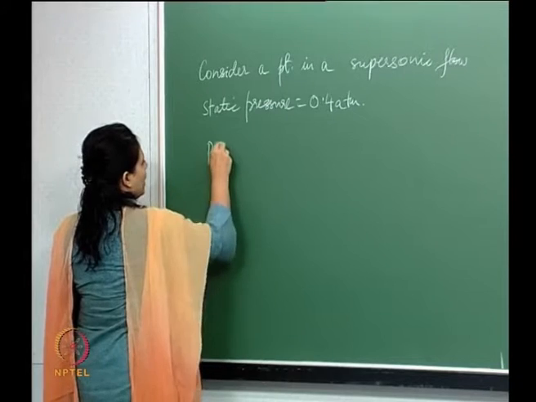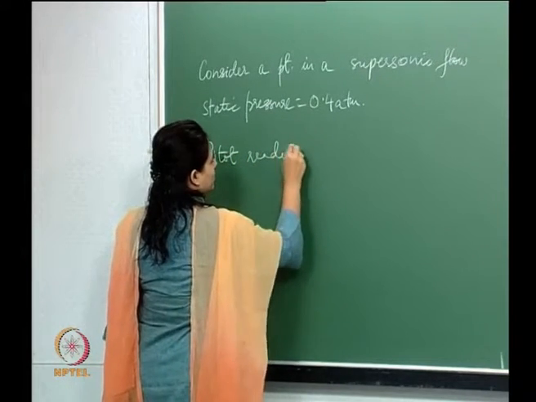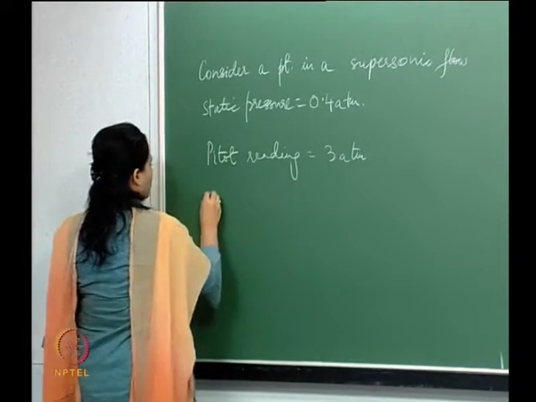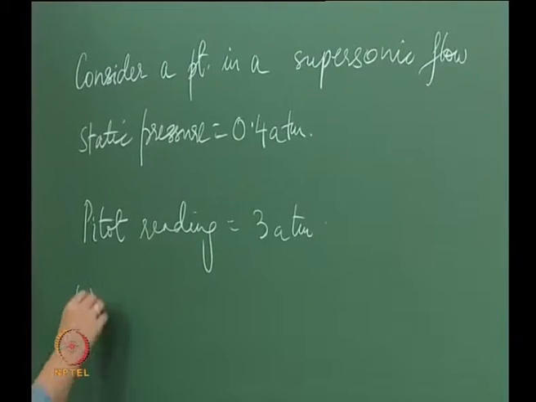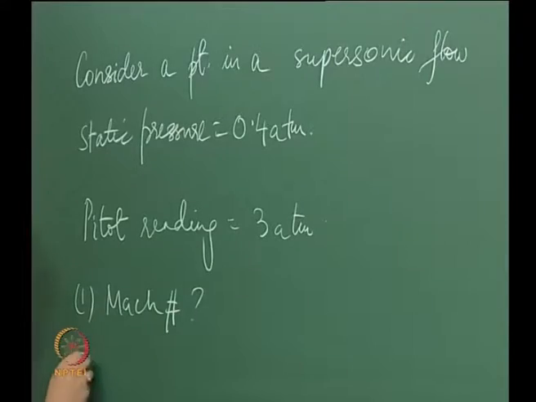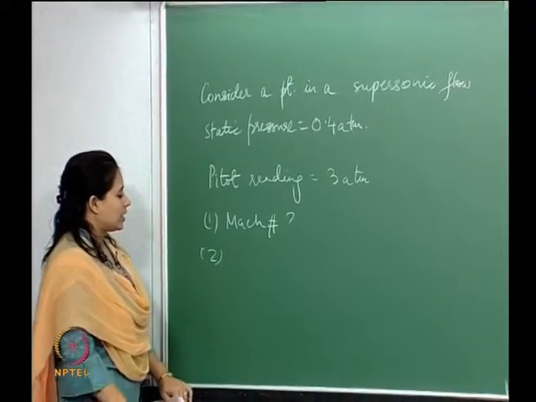So we have a pitot tube which reads 3 atmospheres. We need to answer what is the Mach number, and secondly what is the entropy change.